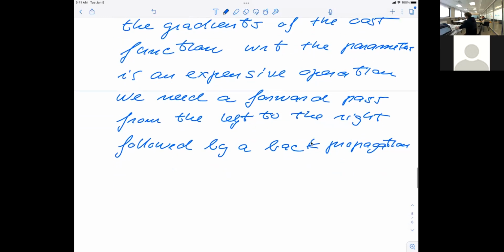This leads to something which is called back propagation through time, so it's called BPTT. And that's how we train these different weight matrices.